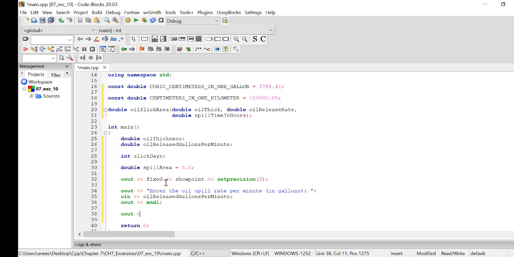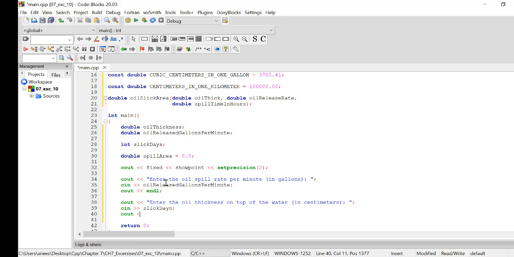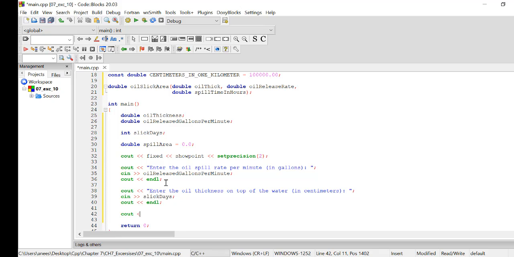And then we can see cout, enter the oil thickness on top of the water in centimeters. cin, oil thickness, cout, endl.